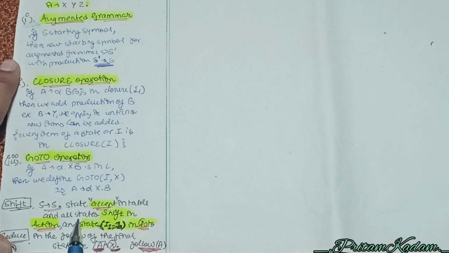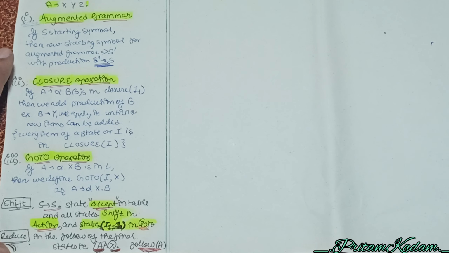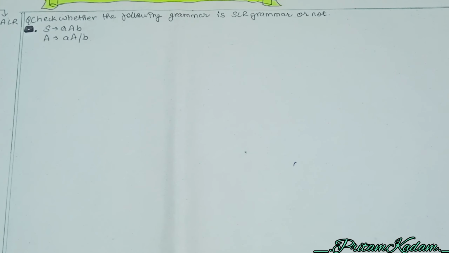So shift is what? S dash gives S dot is accept in the table, and all the state shifts go in action, and the newly completed states go in the goto using the numerical form, that is 1 in place of I1. Okay, and reduce goes in the follow of the final state, that is if A gives X dot.